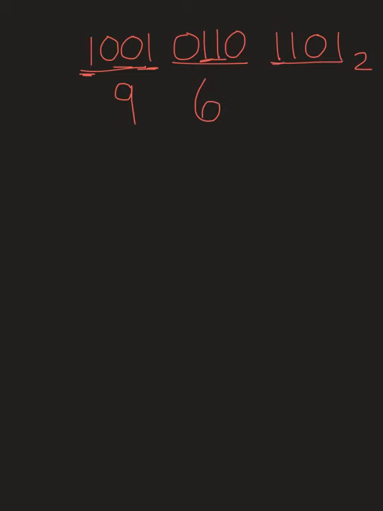But now here, I have an 8, a 4, and a 1, so it's going to give me 13. If you think back, 10 is A, 11 is B, 12 is C, 13 is D. So this binary number and this hexadecimal number are exactly the same.